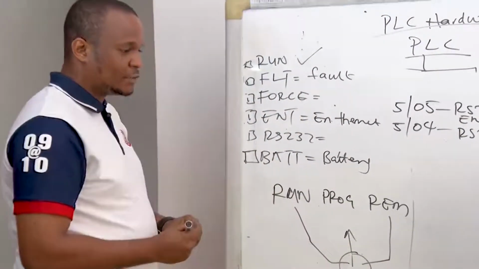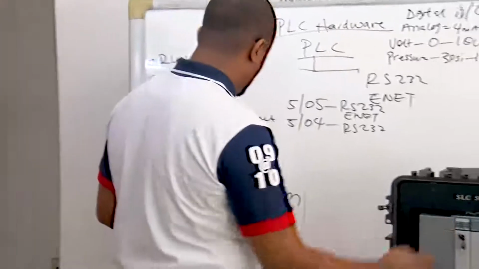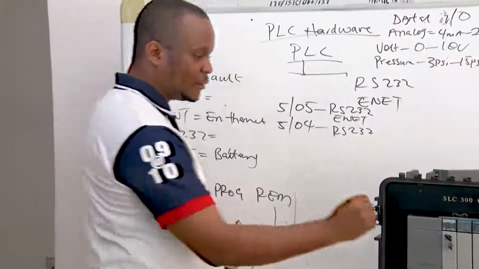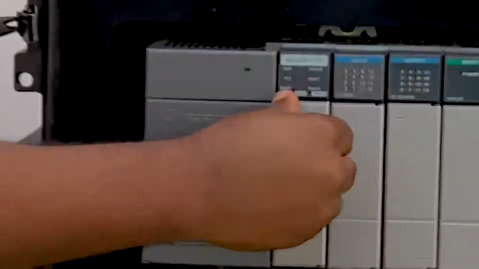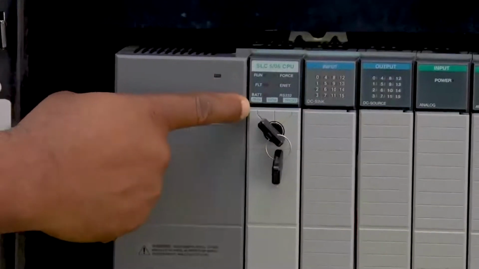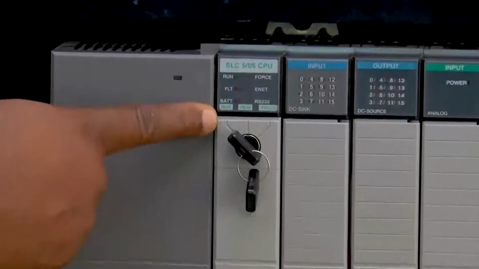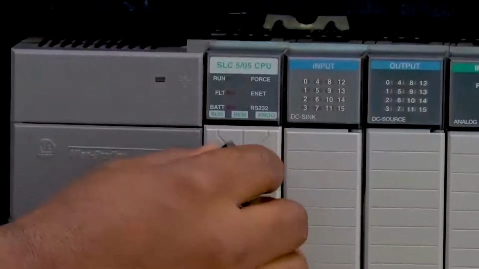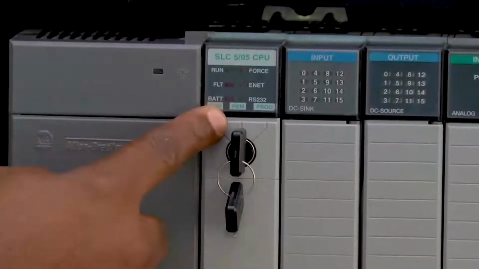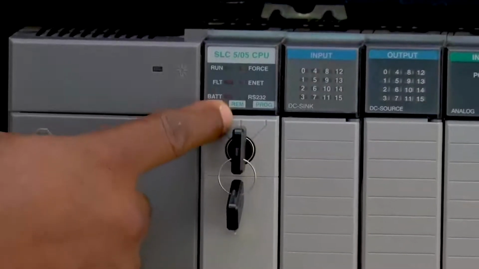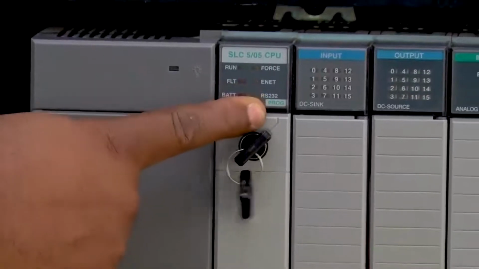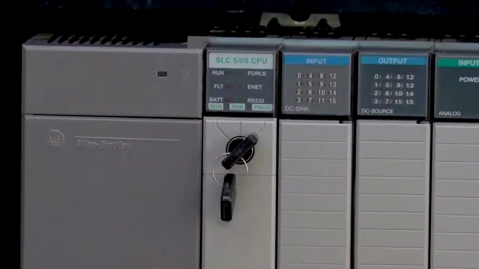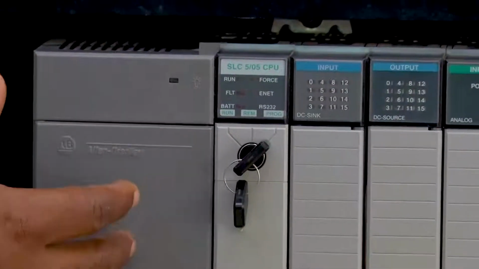So while you download the program to the PLC, by the time I want the PLC to run, I will switch this to the run mode, and then it begins to run. While I want to download to the PLC, I will switch this to the prog mode. That's program mode. I want to write a program to the PLC.